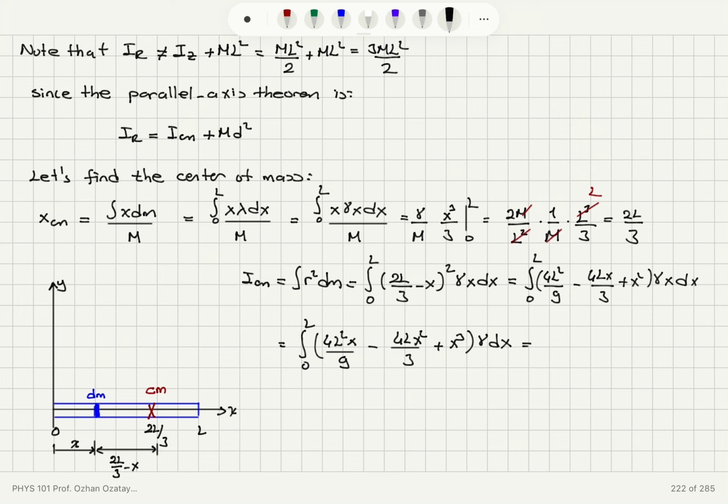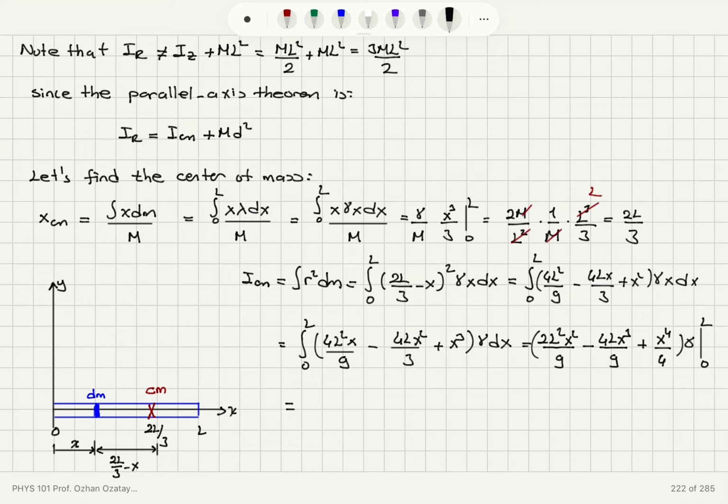If I perform this integral, from x over 1 I get x squared over 2, so that will give me 2L squared x squared divided by 9. The second term, x squared, becomes x cubed over 3, so it will be 4L x cubed, 3 times 3, I obtain 9. And the integral of x cubed is x to the 4 over 4, multiplied with gamma, evaluated between 0 and capital L.